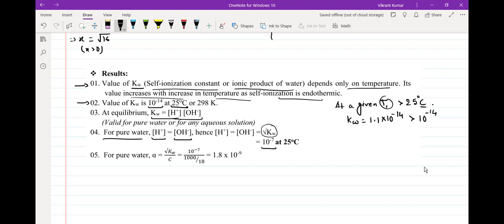So root Kw will become 10 raised to minus 7. So pure water के लिए H plus as well as OH minus का concentration at 25 degrees C will be 10 raised to minus 7. If you remember, pure water में मैंने H plus और OH minus दोनों के सामने C alpha लिखा था ना.